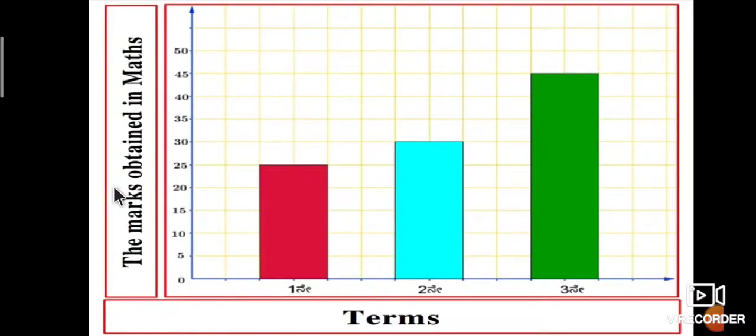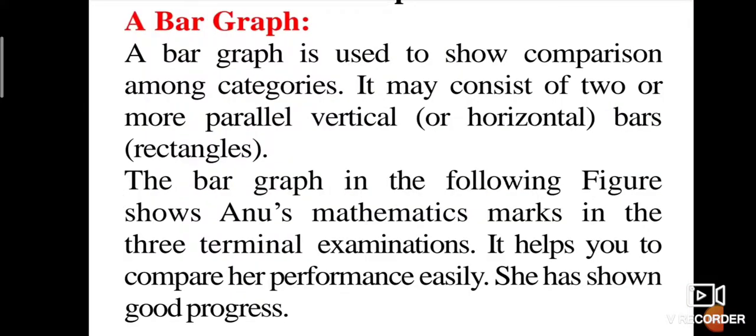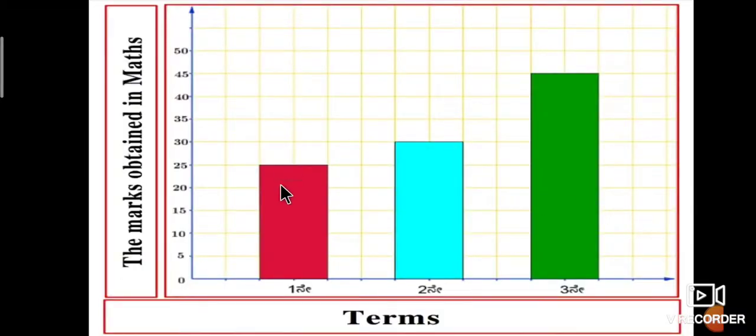It is very good progress. Just by seeing the graph, we can say that she has very good performance. This type of graph is called a bar graph.